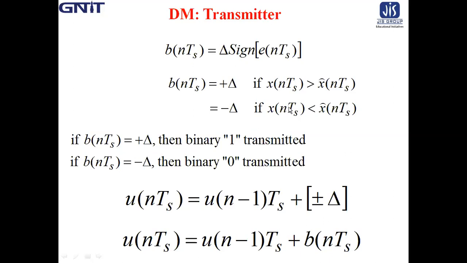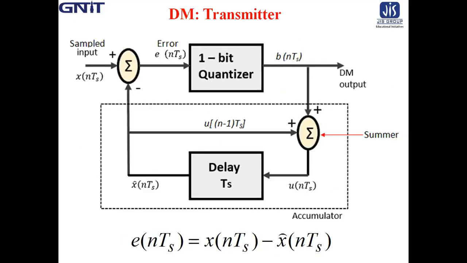And if the present sample value is lower than the previous sample value, then binary 0 is transmitted and the step size is decreased by an amount of minus delta. Then u(nTs) is basically u((n-1)Ts) plus b(nTs).